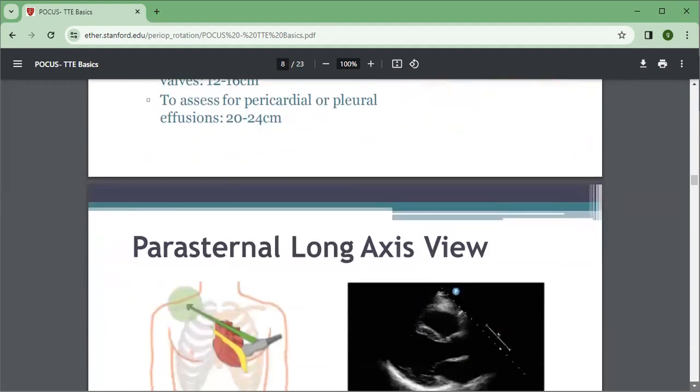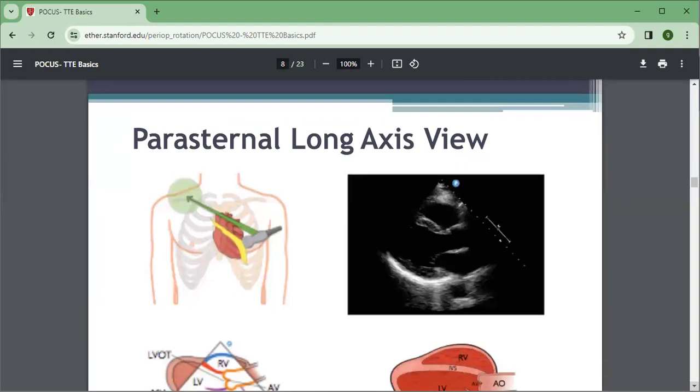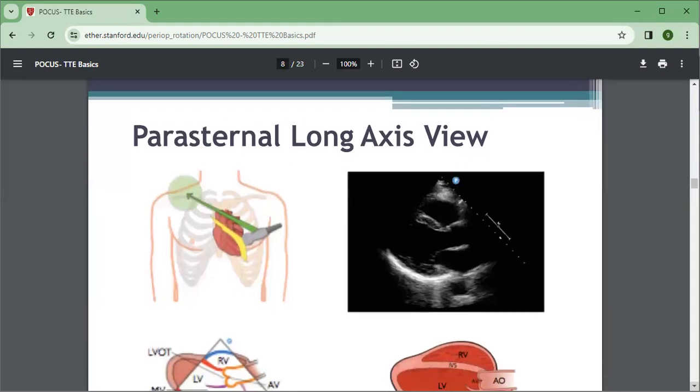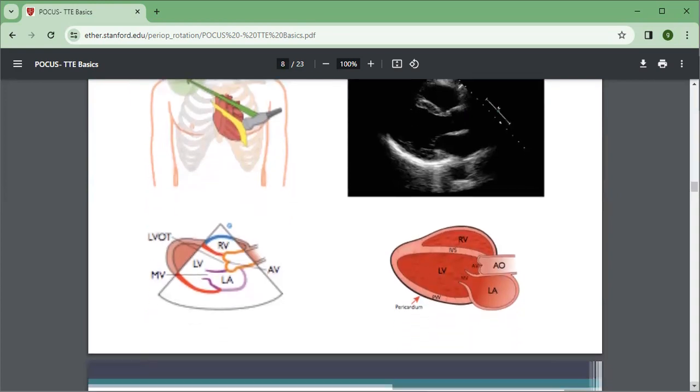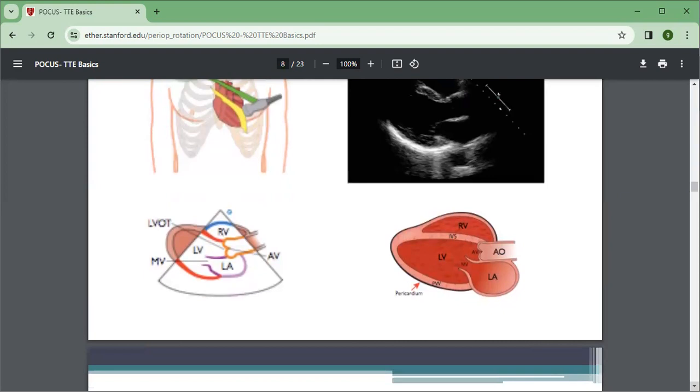Now, in this parasternal long axis, we want to see what you see. You remember that for the parasternal long axis, you put your transducer at the 4th intercostal space pointing towards the right shoulder, and then you will be able to see various parts of the heart.